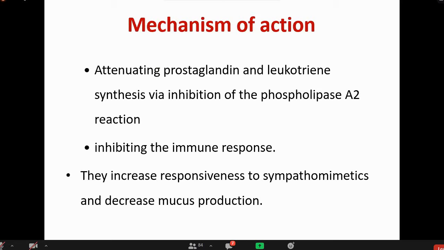Mechanism of action: if you try to recall, we have already discussed the NSAIDs, non-steroidal anti-inflammatory drugs, in one of the previous modules. You know, the arachidonic acid pathway. Can anyone tell me how arachidonic acid is produced?